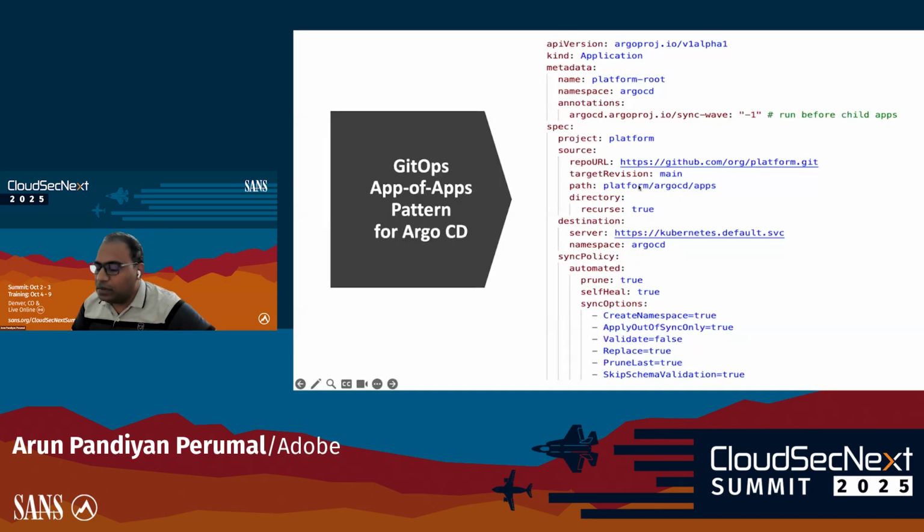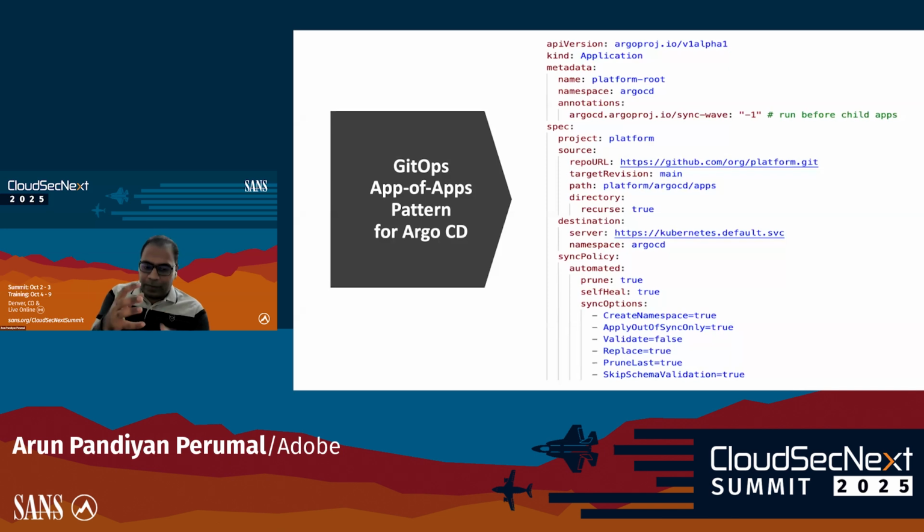This one is GitOps apps, the app of apps pattern that we need to follow for Argo CD. The app of apps pattern in Argo CD is a way to organize and manage complex deployments, where we have only one parent application that manages multiple child applications.